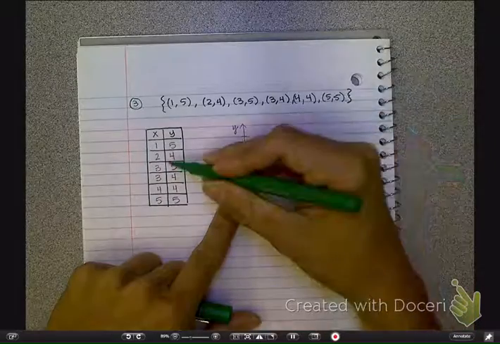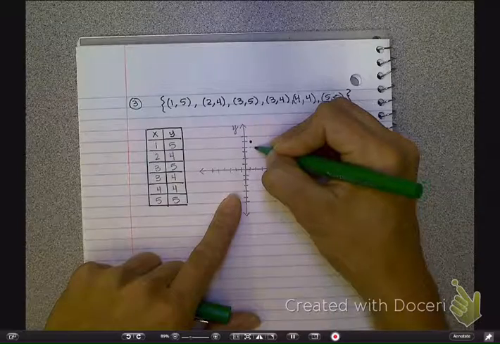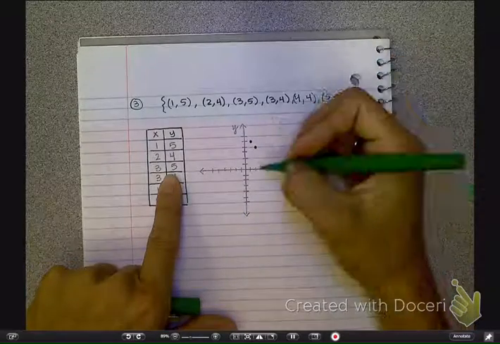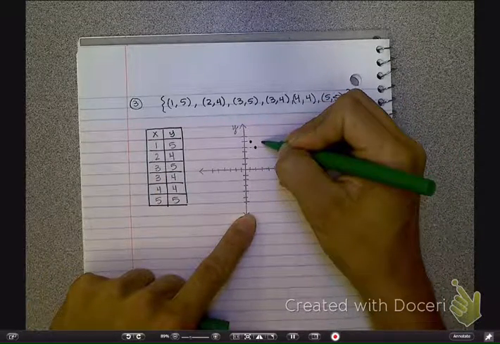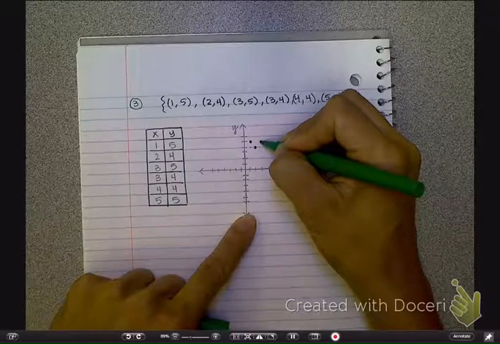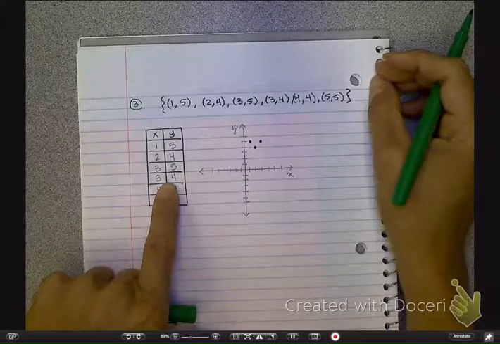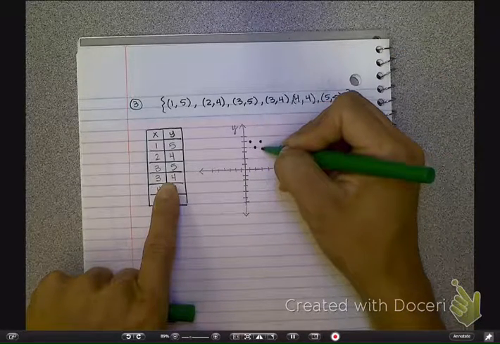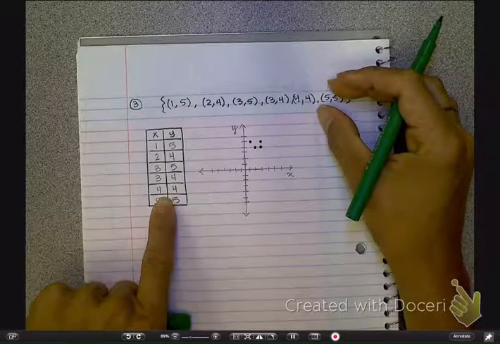Okay, let's do the next one, 2, 4, so over 2, up 1, 2, 3, 4. Okay, next 3, 5, so over 3, up 1, 2, 3, 4, 5. Okay, we have 3, 4, so over 3, up 1, 2, 3, 4. 4, 4.